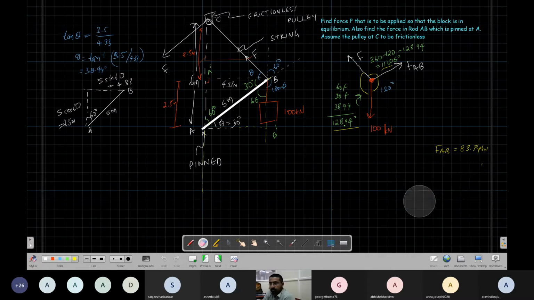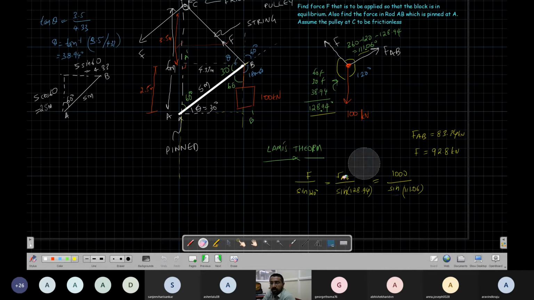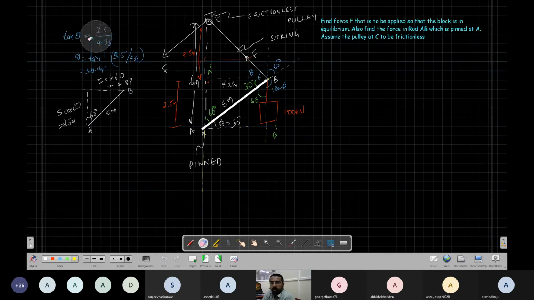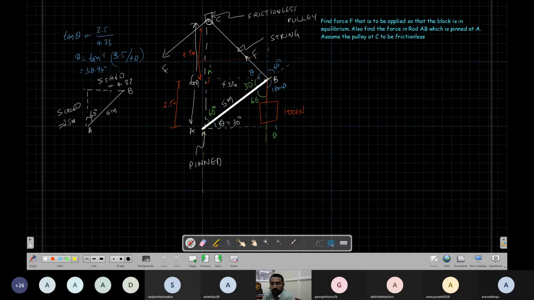These are the notes again, and these angles we have already found. Let's say this is my FAB, as I told, this is F, and this is 100. Now I'll draw horizontal and vertical lines through B.